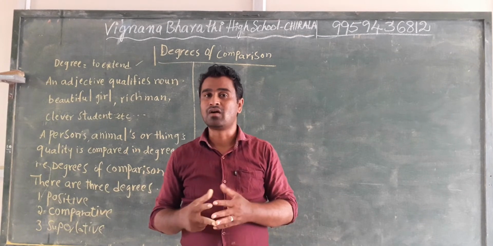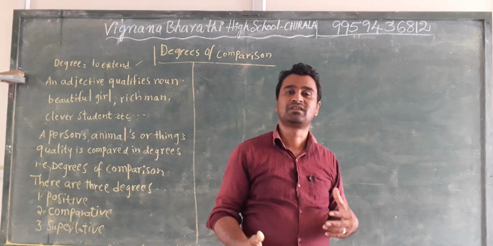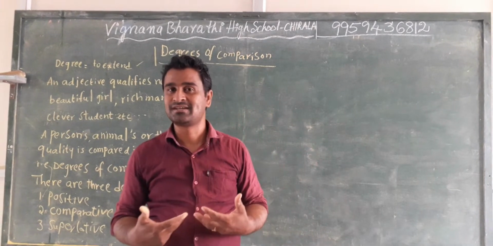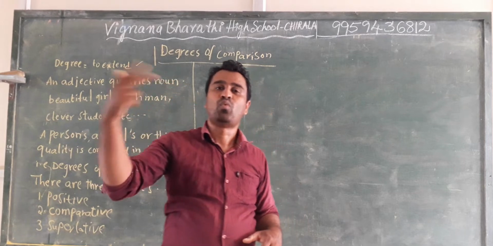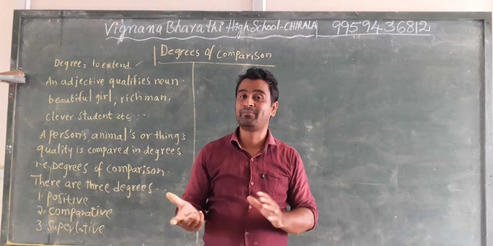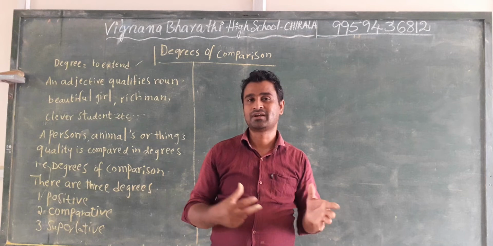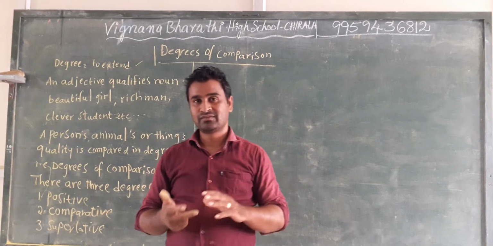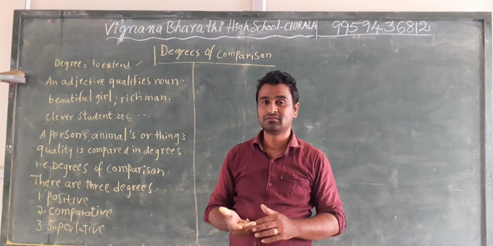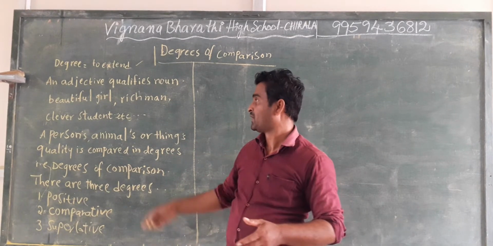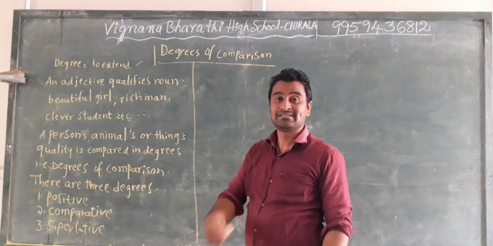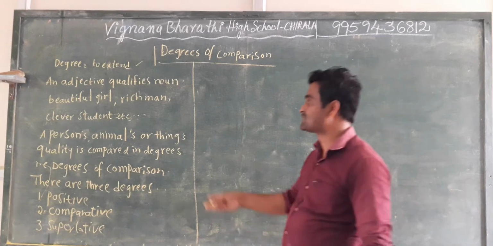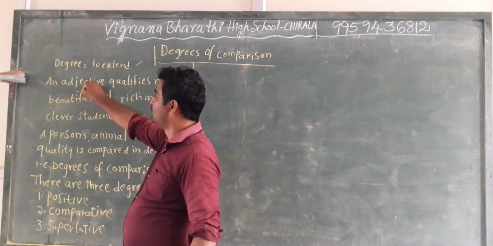We compare the qualities that I have, up to what extension I have, and up to what extension the other person has. That is the comparison. So we compare our qualities and quantities. The comparison of a quality or characteristic is called, in English, an adjective.